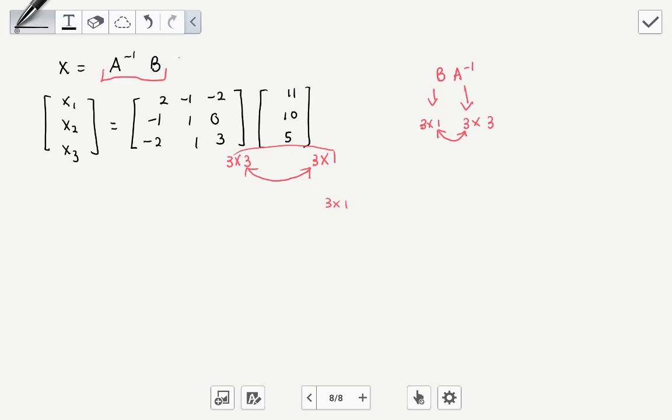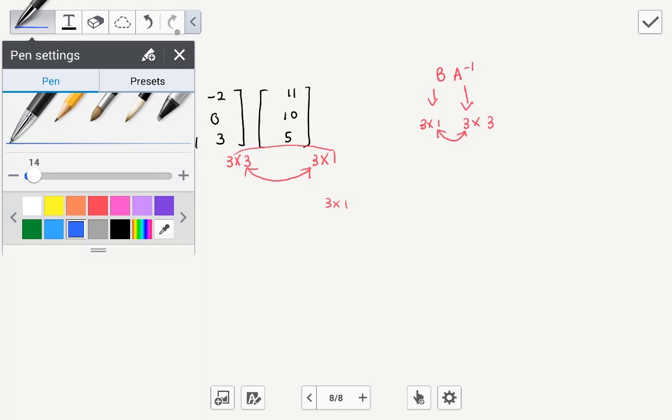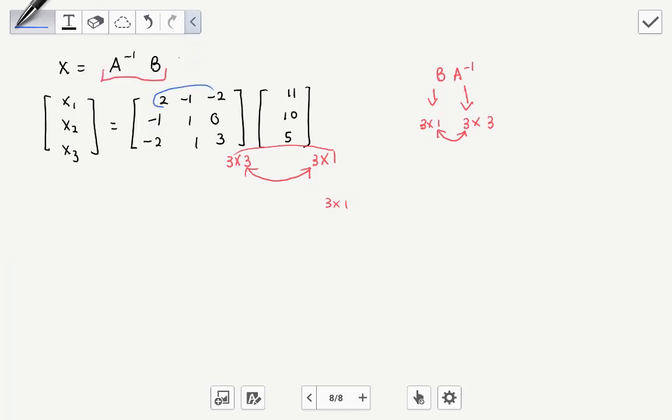Now we're going to take row multiply column. So you take row 1 multiply column 1. 2 times 11 is 22, minus 10, minus 10. Next is -11 plus 10 plus 0, and -22 plus 10 plus 15.